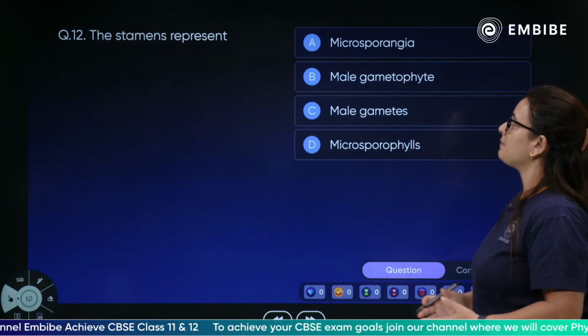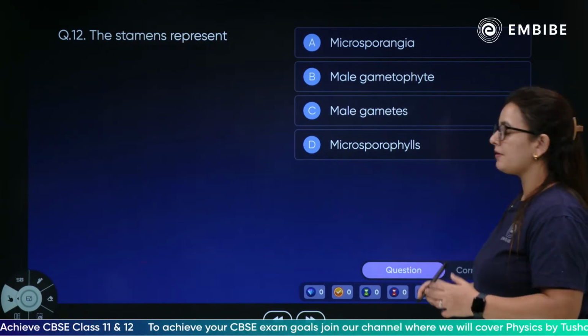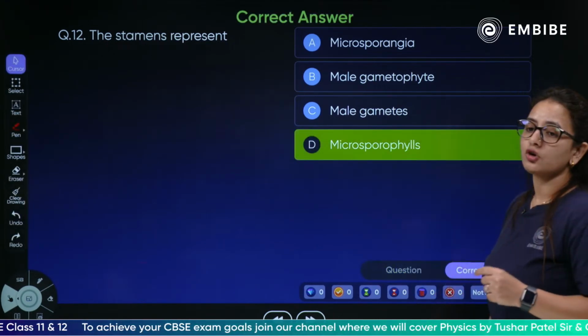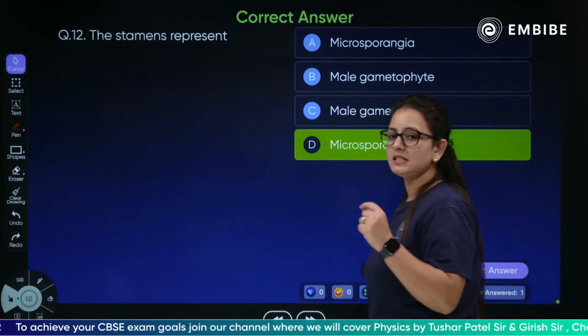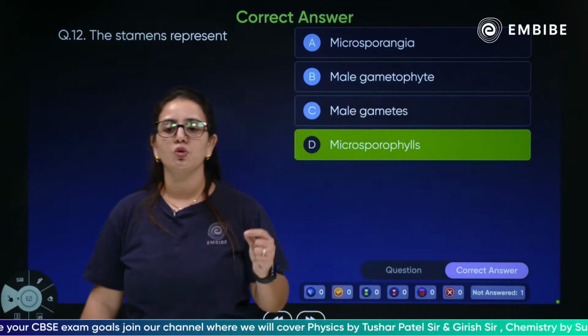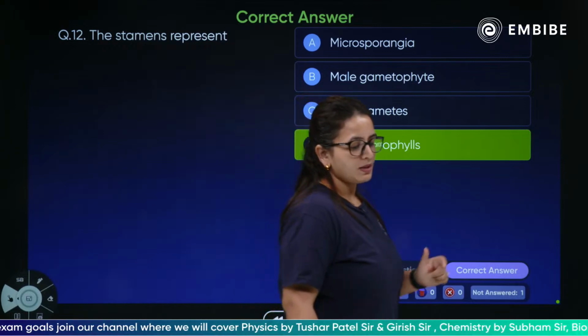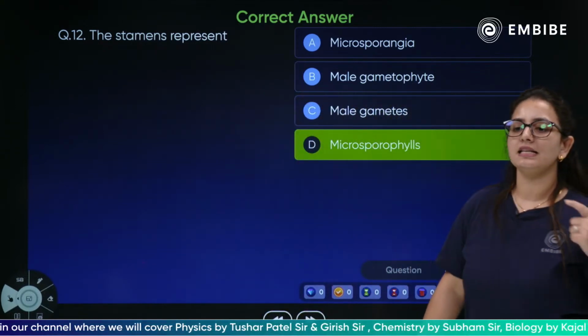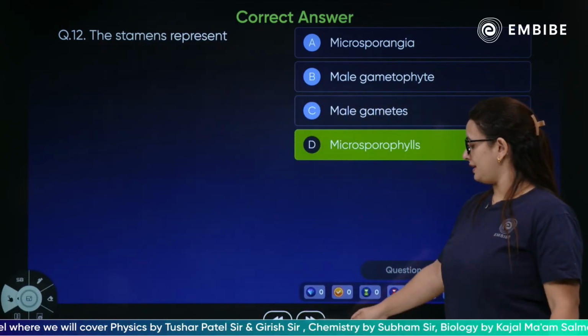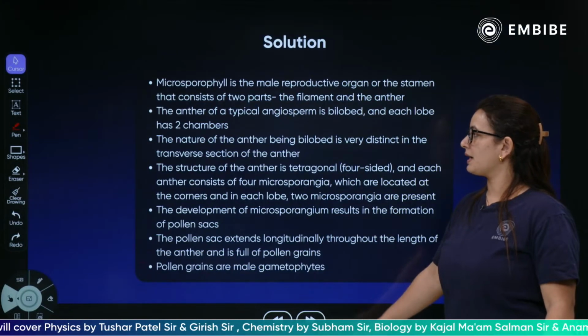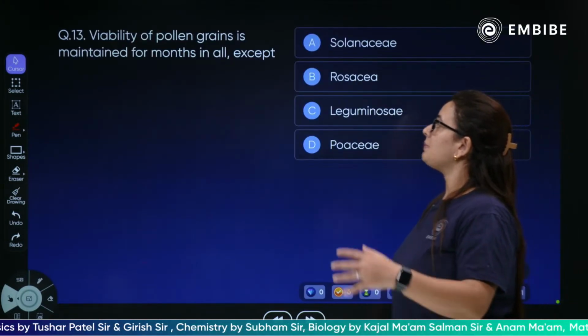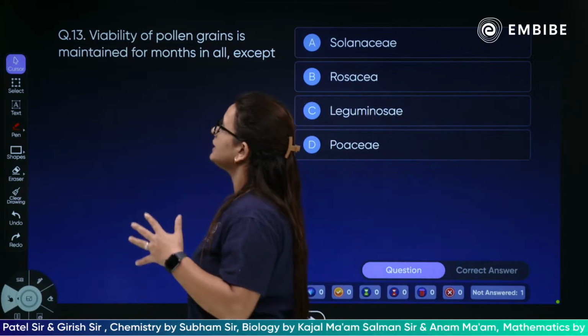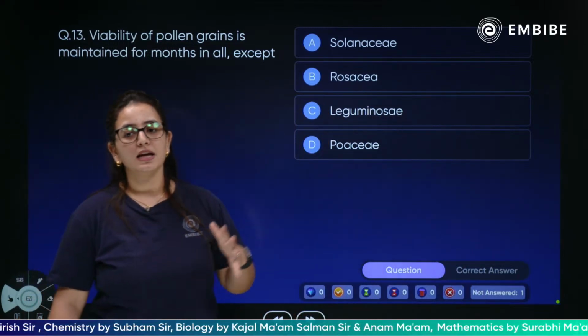Very simple. The stamen represents the microsporophyll. For the female, we call it megasporophyll.